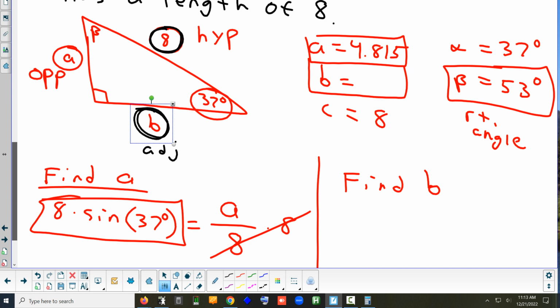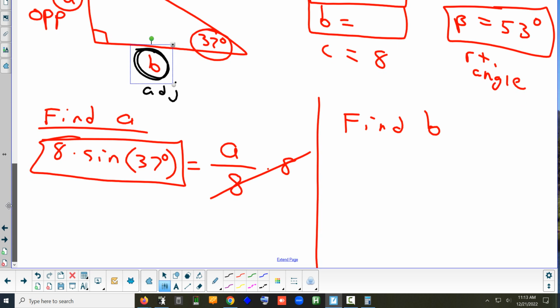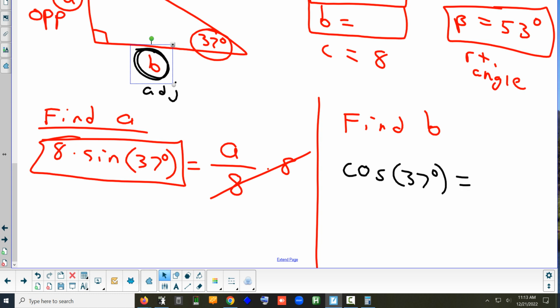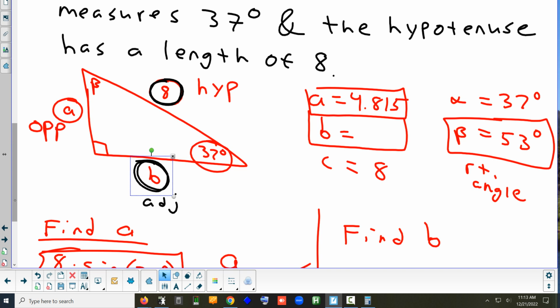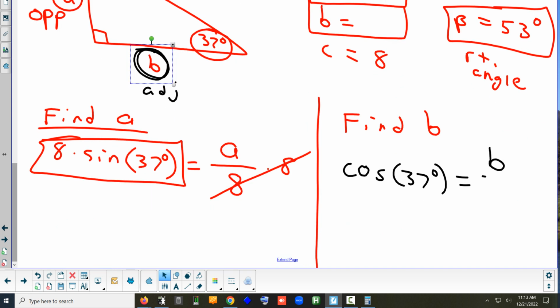Which trig function is adjacent and hypotenuse? Yep, that's cosine. So cosine of, what's my angle? 37 degrees. And then adjacent is B over hypotenuse is 8.